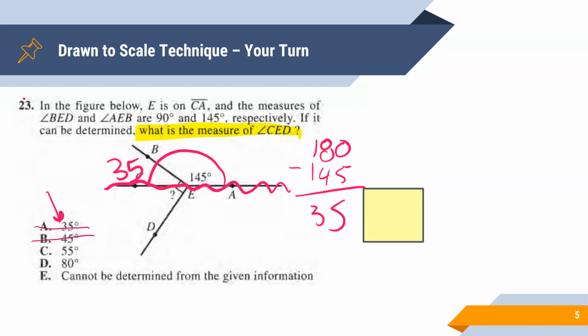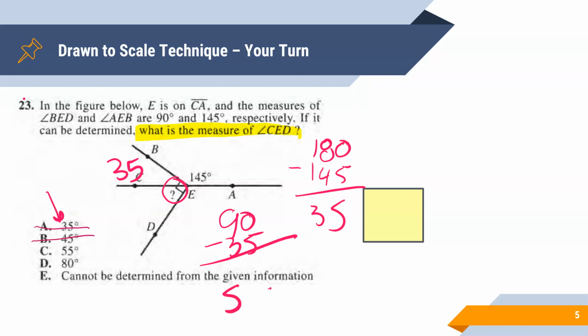No, not really. So we've got 35 there. And we notice that these two angles together make 90. So if I took 90 degrees and subtracted 35 from it, I should get 55, which is the answer. Now, hopefully you're not writing down the subtraction like I'm doing here. You're using your calculator to come up with the answers, because that's what you should be doing.